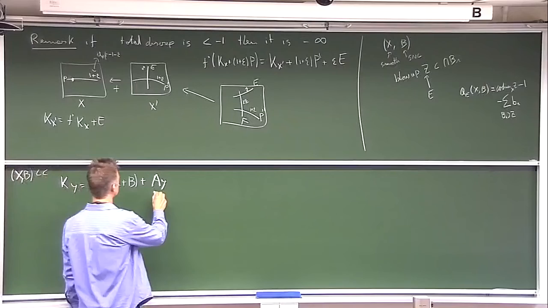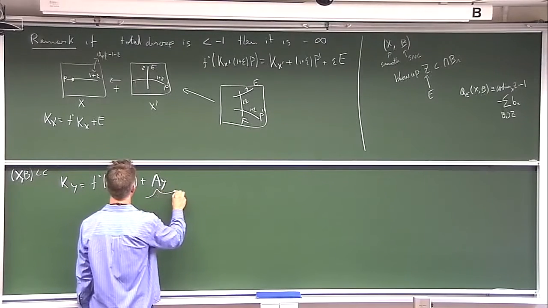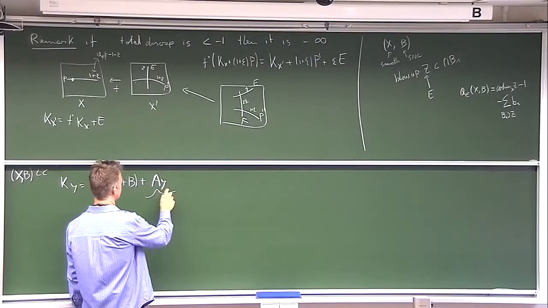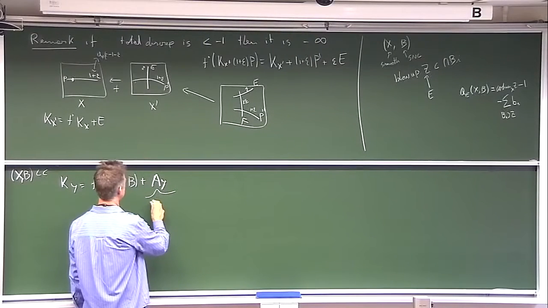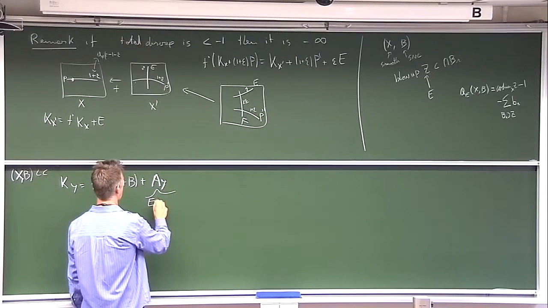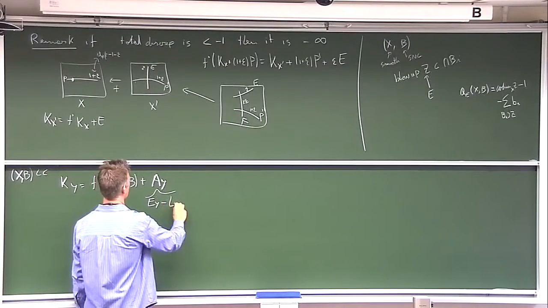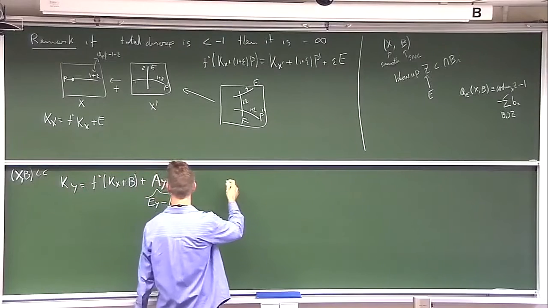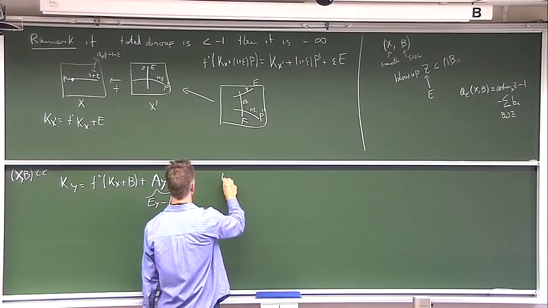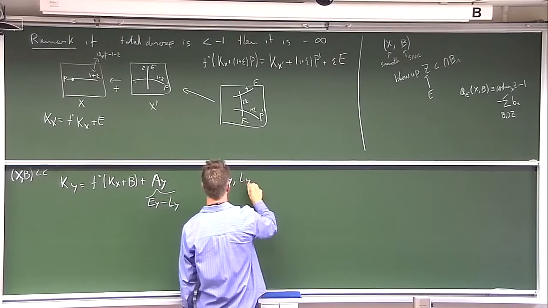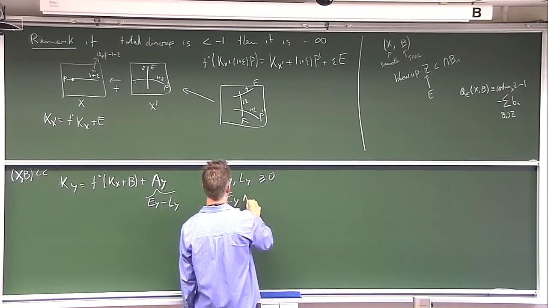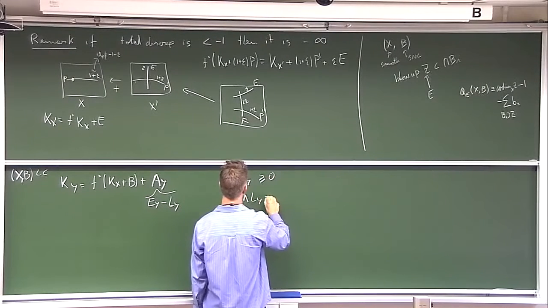So let's write this as, in certain references that I'm using, the way that this is decomposed is as EY minus LY. I don't know why we wouldn't use BY, but anyhow. Where EY and LY are effective, and EY ∧ LY is equal to 0.